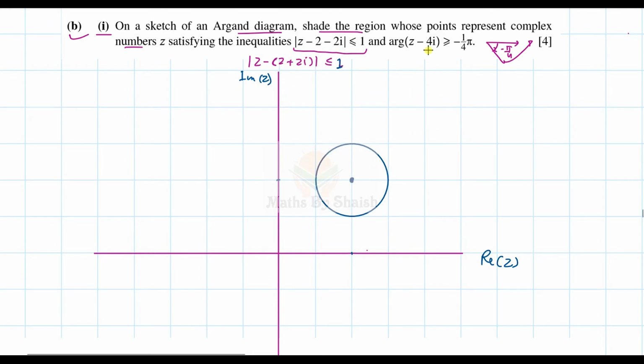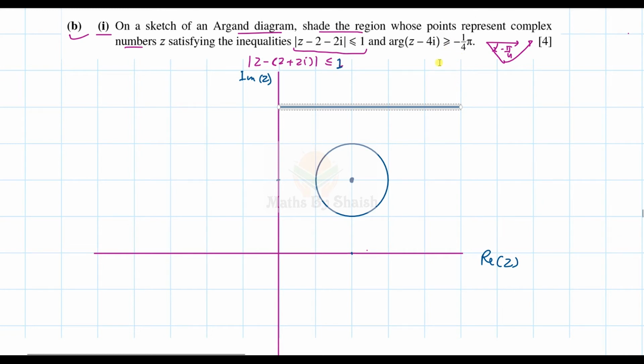Now this is the half line through 4i, so it is 2, so this will be 4i. I'll draw the line from here. This is the initial line, and the angle will be -pi/4. So pi/4 means it is going to be 45 degrees. 45 degrees means if it is 1, then 1, 2, then it is 2.